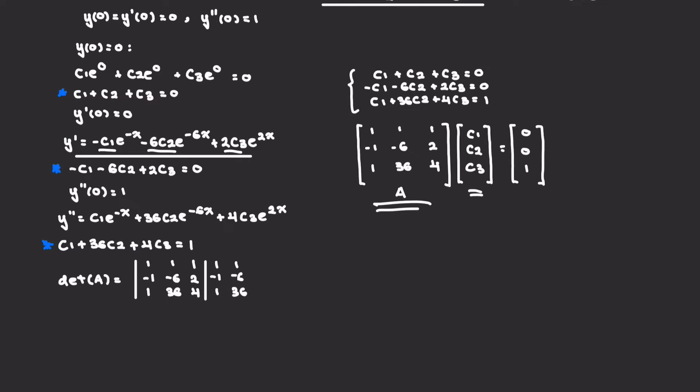And what are we going to do by putting the first two columns behind the matrix? We're going to multiply it.